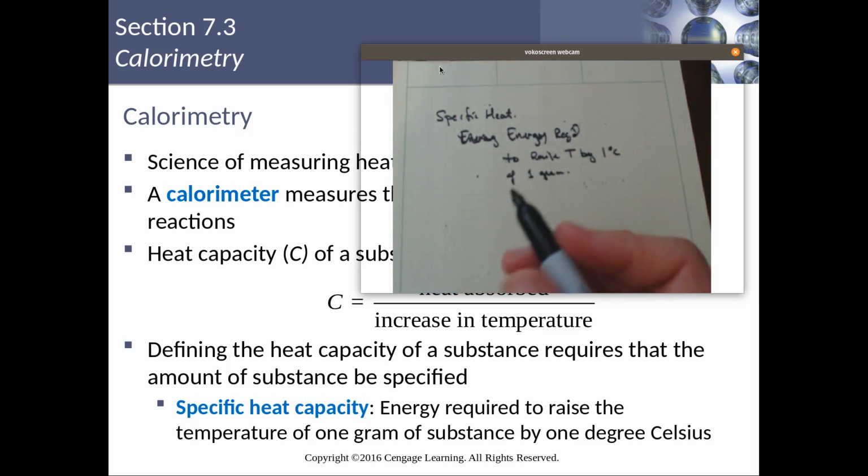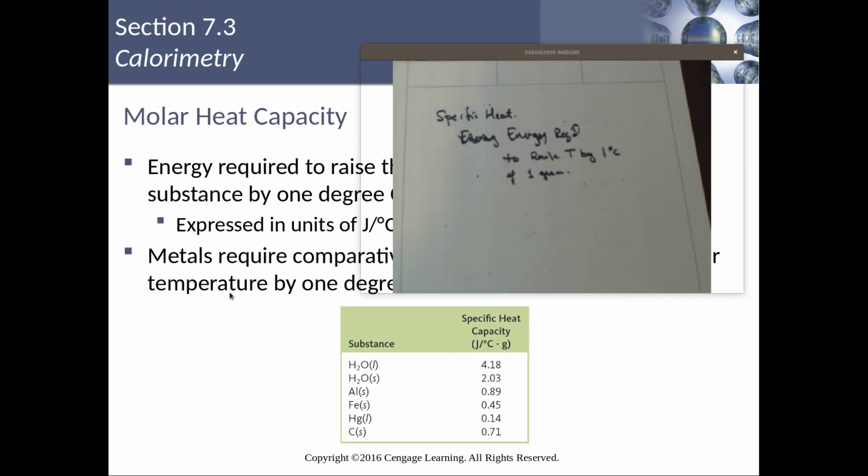So you might see it expressed in terms of molar quantities, or you might see it expressed in terms of a gram quantity. And again, you need to look to see how things are defined in the table that you're using.